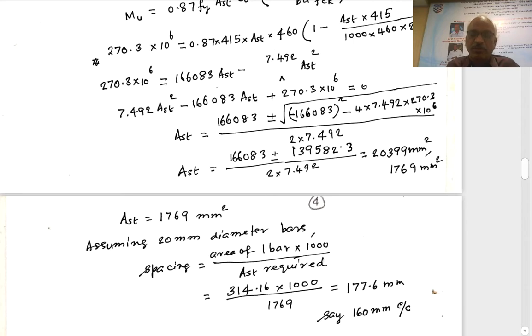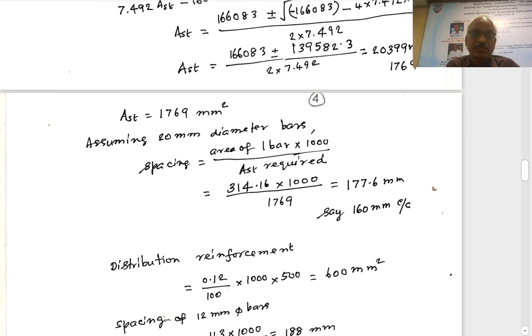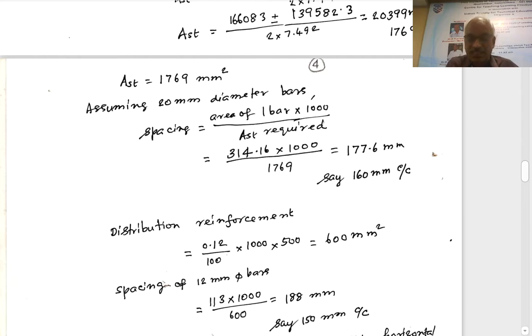We are going to provide a section of 1 meter by 0.5 meter, so 20,399 is not a reasonable value. So we take 1,769 as the area of steel. Area of steel is taken as 1,769 mm square. Assuming 20 mm diameter bars, spacing is equal to area of 1 bar into 1000 by Ast required.